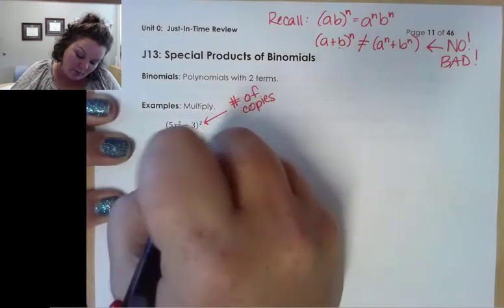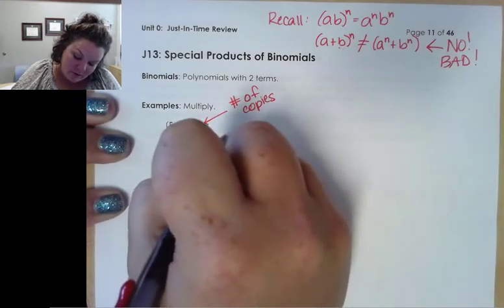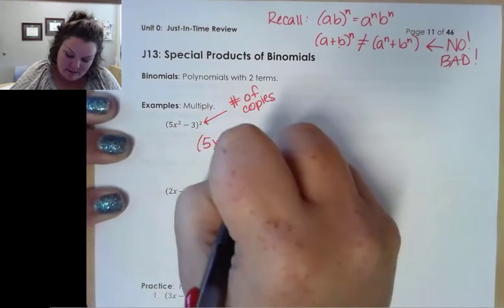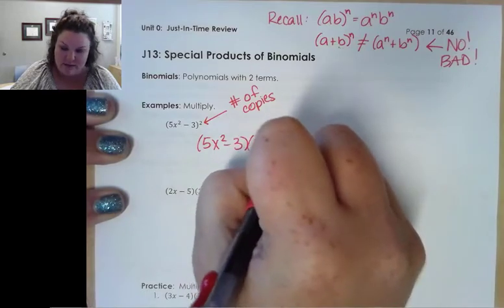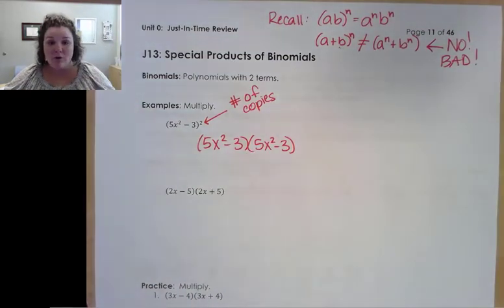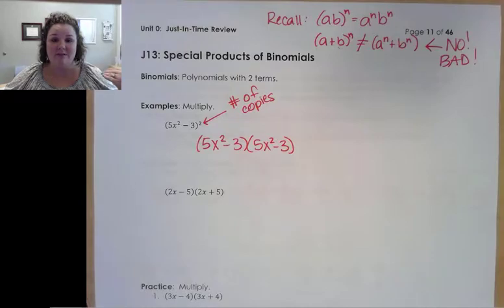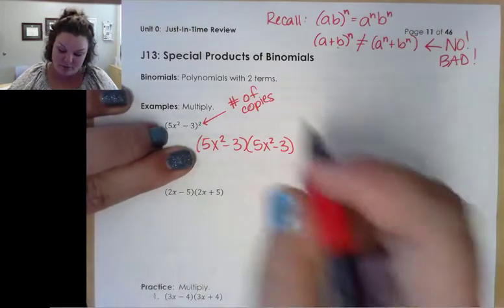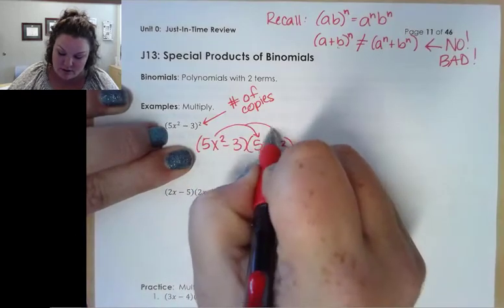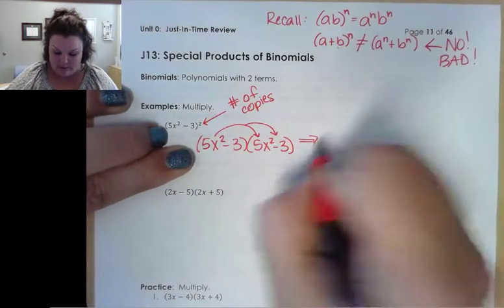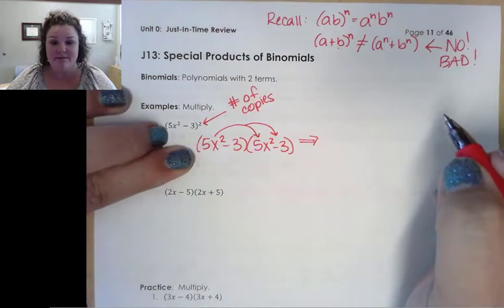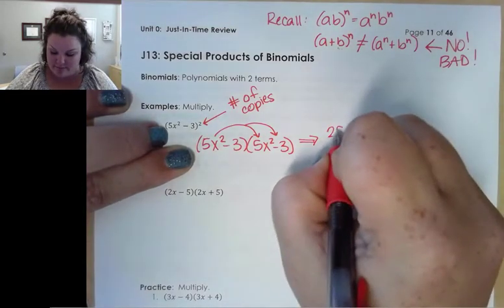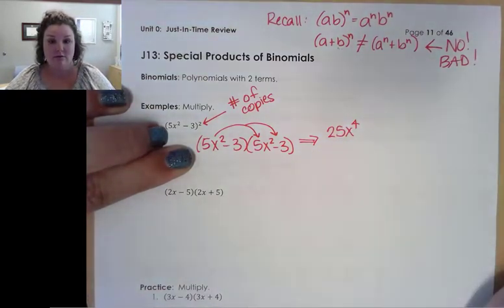So I'm going to go ahead and rewrite this as 5x squared minus 3 times 5x squared minus 3. Okay, and now we work it just like the ones we did in section J12, right? We just go ahead and take the first term of the first polynomial and distribute it across. So that's going to give us 5x squared times 5x squared is 25x to the fourth, right?